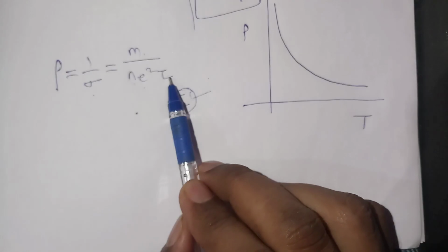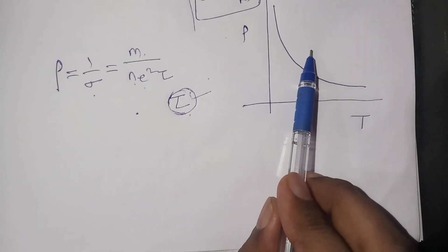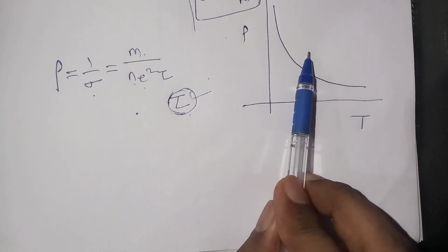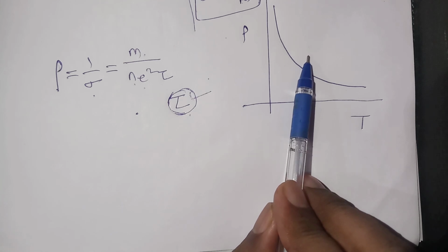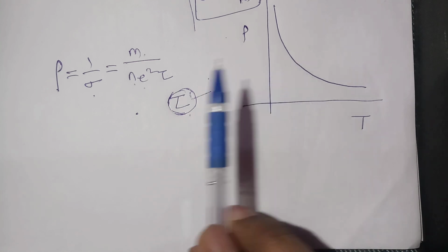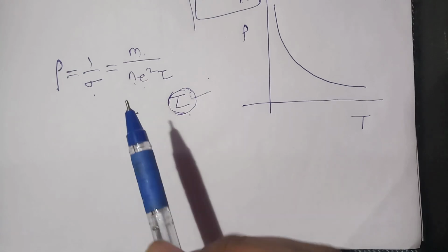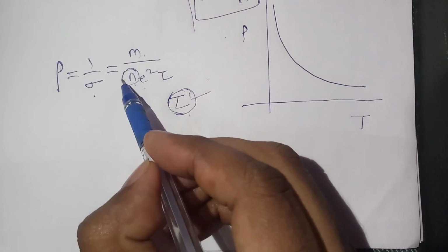Now let us explain the same thing for the semiconductor. A semiconductor conducts less than a conductor because the number of free electrons available is less. When the temperature increases, more and more electrons will become free, so this n number will increase.